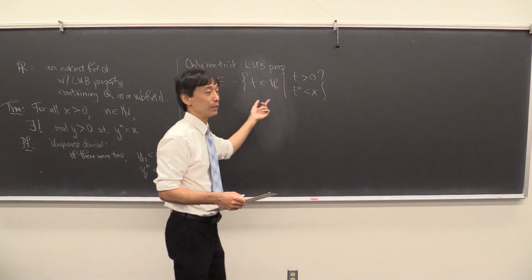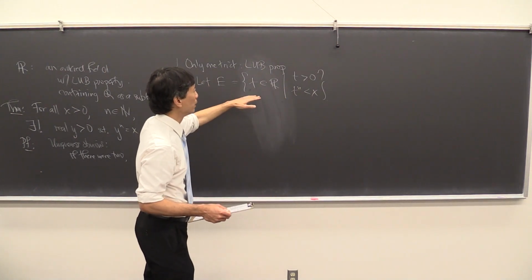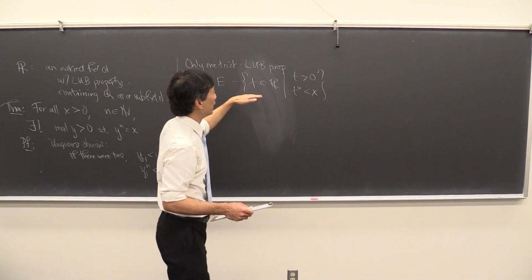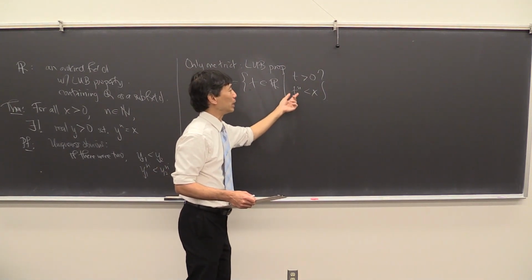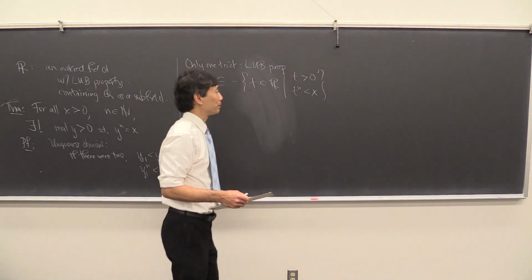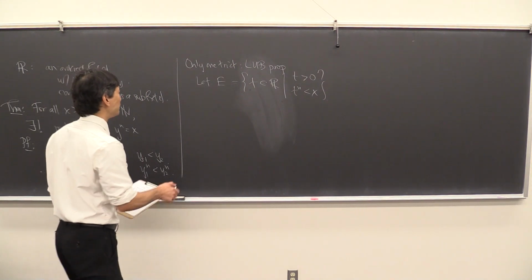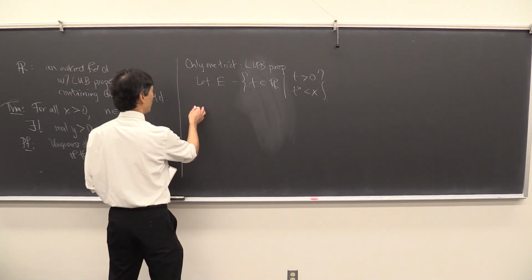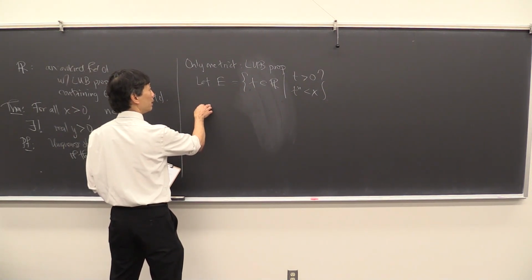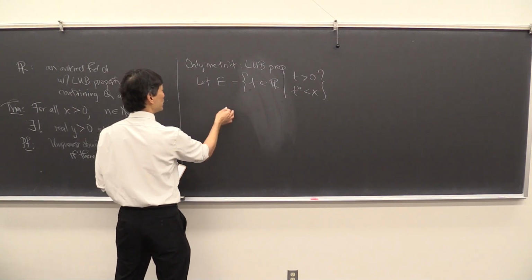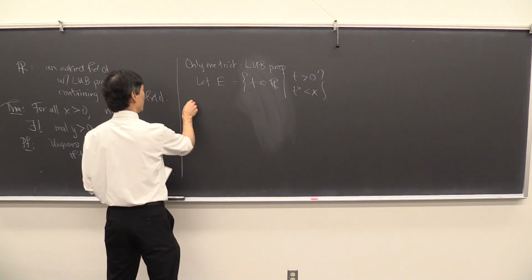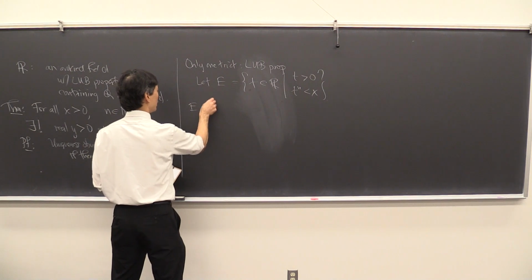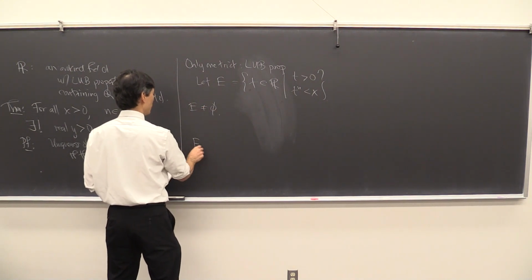That's the strategy: create this set of things whose nth power is less than x, and then the least upper bound should have nth power equal to x. In order to use the least upper bound property, we need to show a couple of things. First is that E is not empty, and second is that E is bounded above.